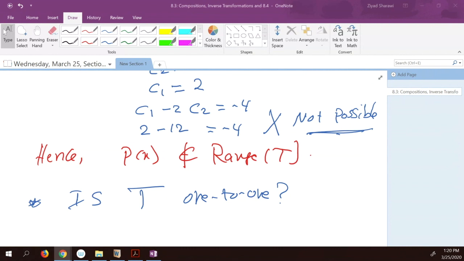Oh, yes, you cannot find the inverse. Well, let's not talk about the inverse now, because the range doesn't include all. I'm not asking you about the inverse. We are going to come to that. I'm asking you, is T one-to-one? This is my question.